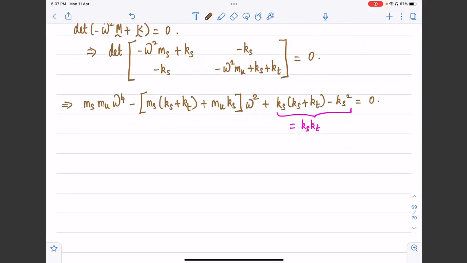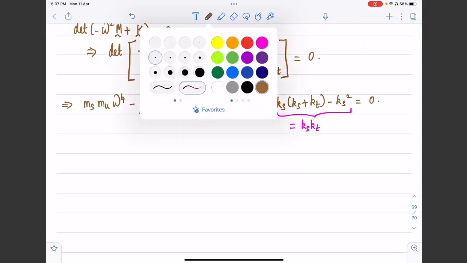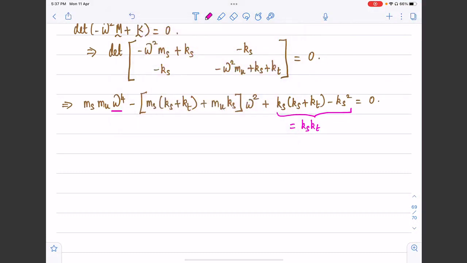Okay, so that is something which we are going to use to our advantage. There's only omega power 4 and omega squared and the constant term. So what we are going to do is define another symbol, omega hat, equal to omega squared.